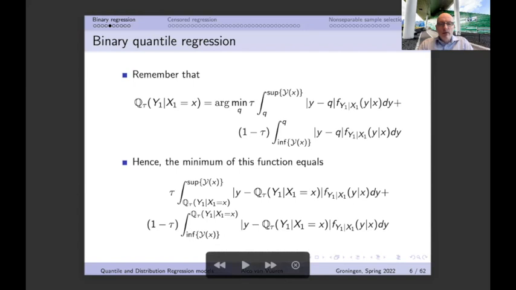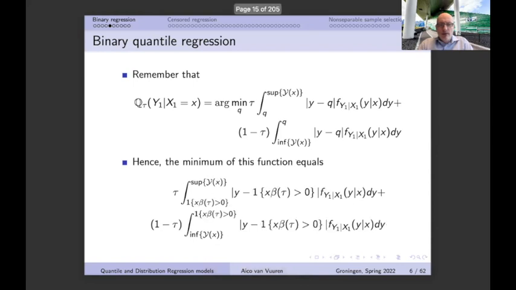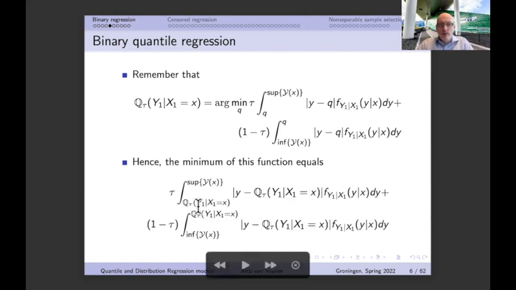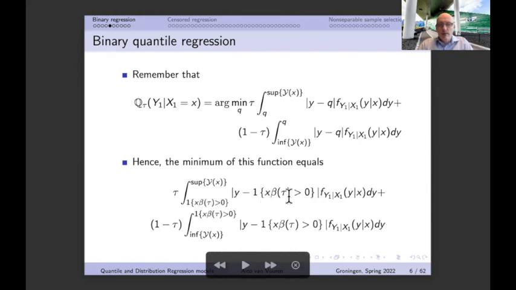Now we should realize that we can rewrite this a little bit. We can write this now as this indicator function that we have over here, because we have already seen before that the quantile of y1 conditional on x1 equal to x is equal to this indicator function. So therefore we can simply substitute that in.